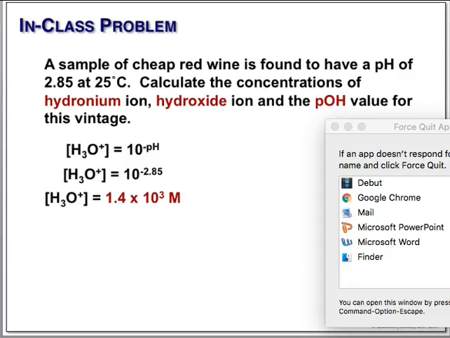So what's the easiest one to do here? If we know the pH, how do we get pOH? Subtract it from 14, don't we? Where did you get the 1.4? It's provided. Yep, 10 to the minus 2.85 is 1.4 times 10 to the minus 3, which is 0.0014.